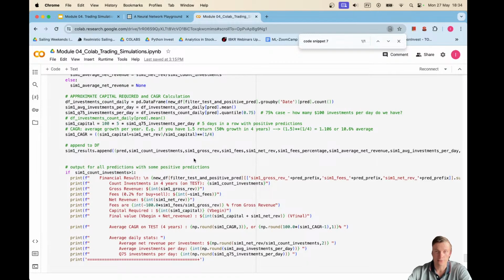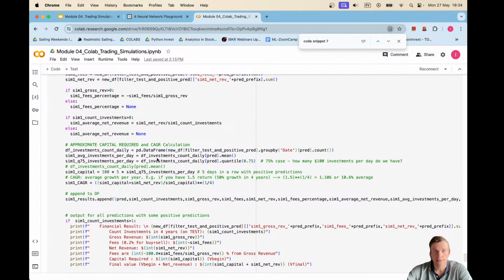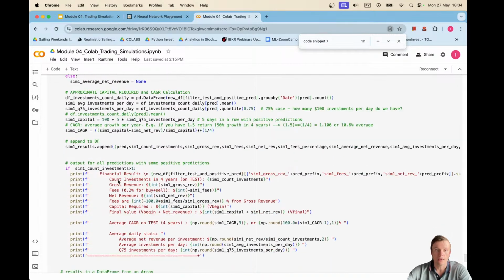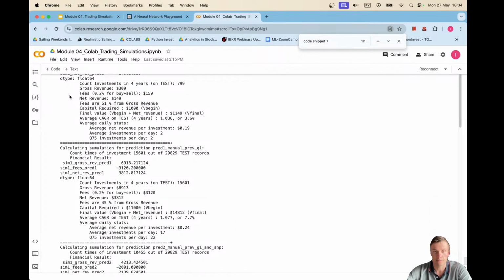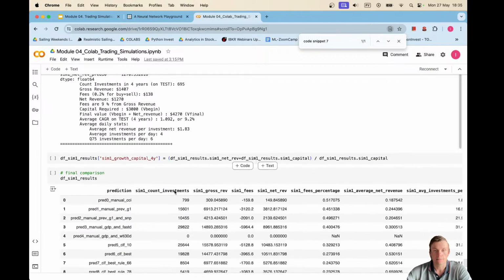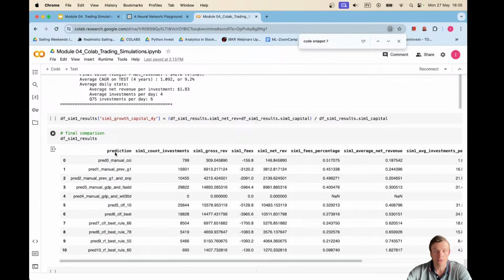You can read through it, but the idea is that in a cycle I iterated over all predictions, and I generated exactly the same columns with a similar naming convention: gross revenue, fees, and net revenue, and then their numbers for the profitability of each prediction, and those numbers are stored now in a separate data frame, so that you can do any visualizations you want.